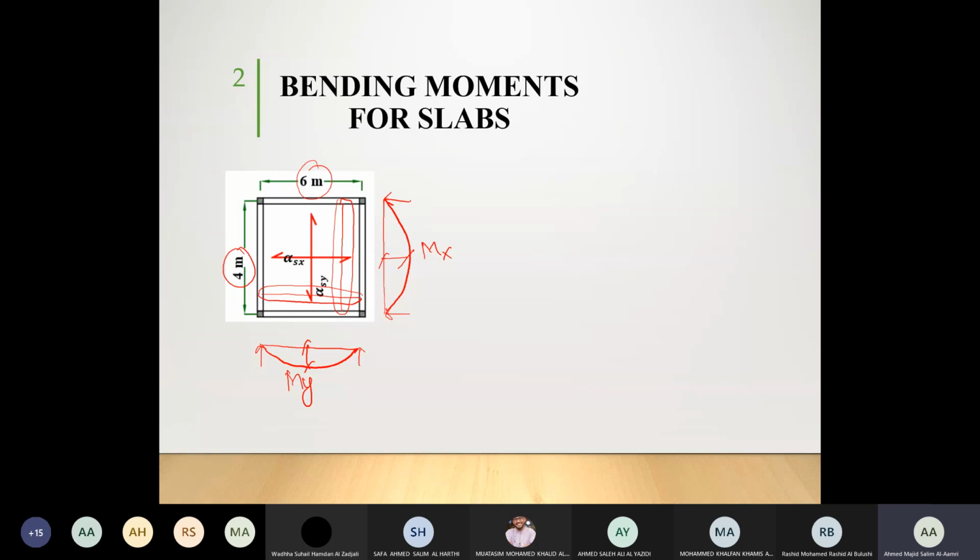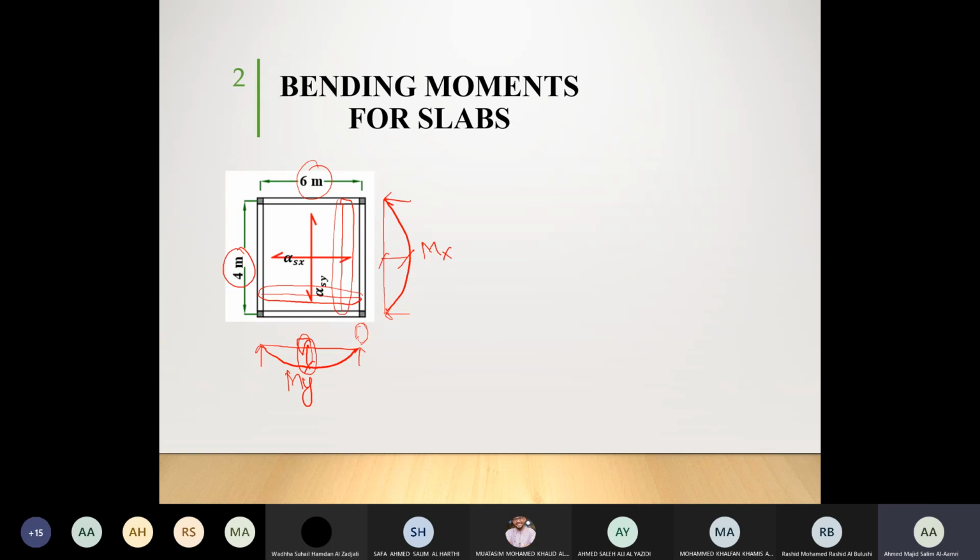Now, one thing to be taken into account, what is the meaning of S, which is shown over there? We have span and we have support. So this S is representing the span. So the moment here is happening in the span, it's not happening in the support.